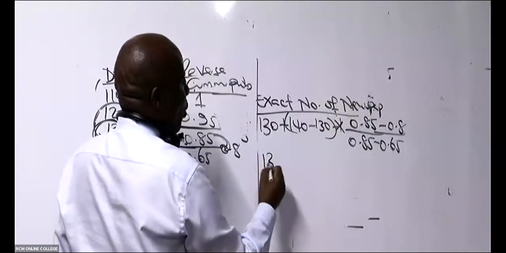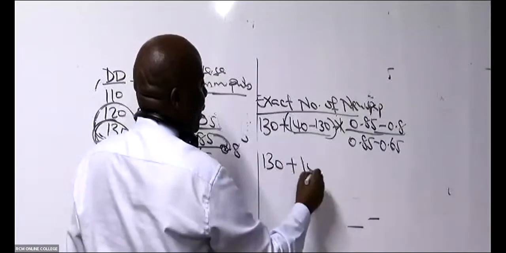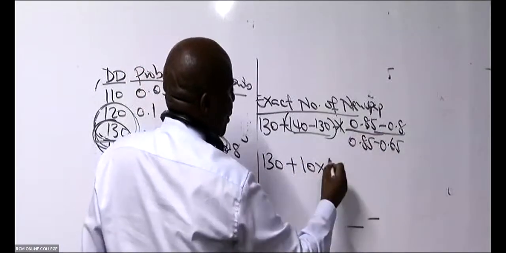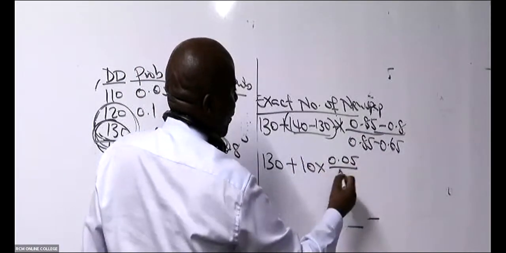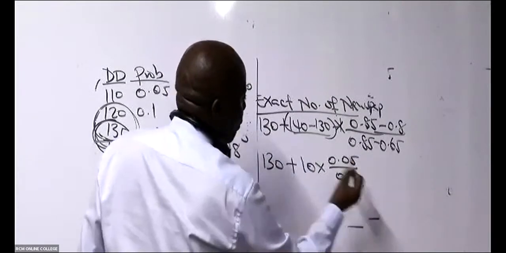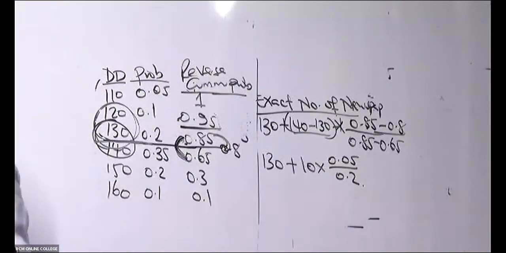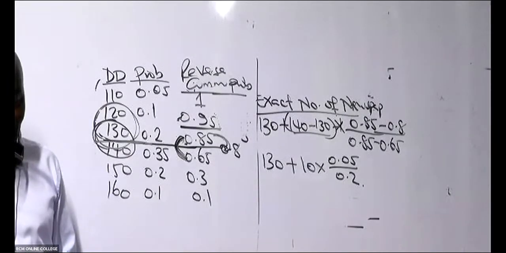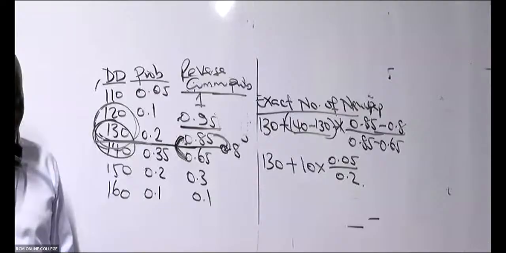So this will be 130 plus 10 times the difference here, 0.05, over 0.2. Once you reach there, then you are at home. This one, you'll always remember it, because of the reverse.